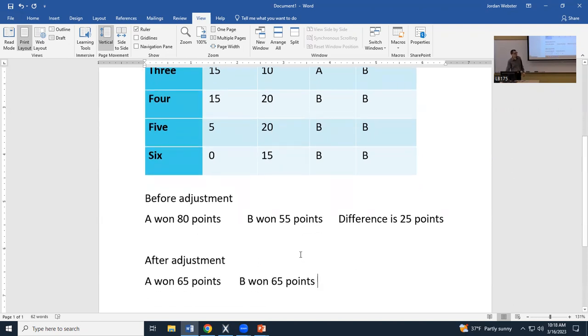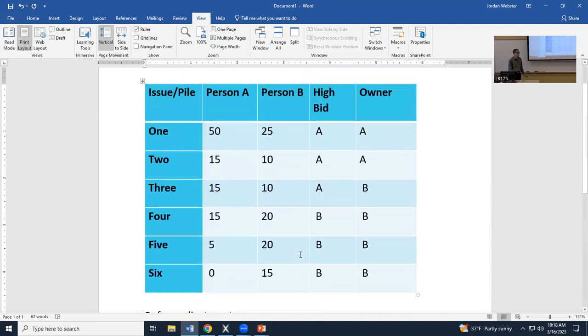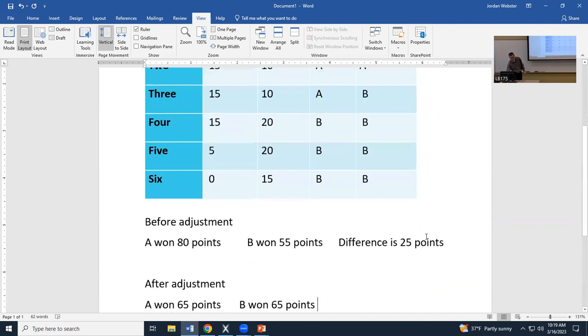So the adjusted winning procedure has the advantage that both of these individuals walk away with more than their fair share, and there's no positional advantage because each person bids anonymously. And then after the bids are done, then we figure all this stuff out. Okay?